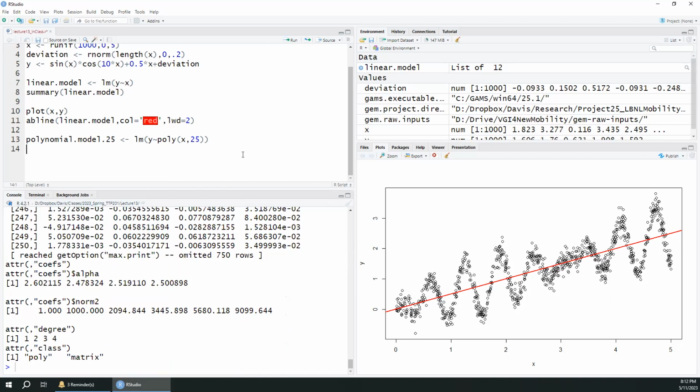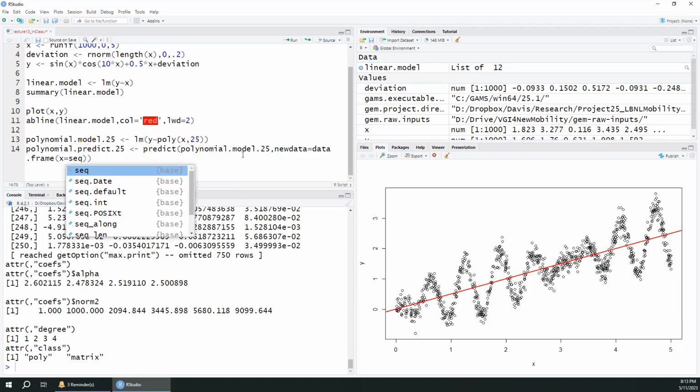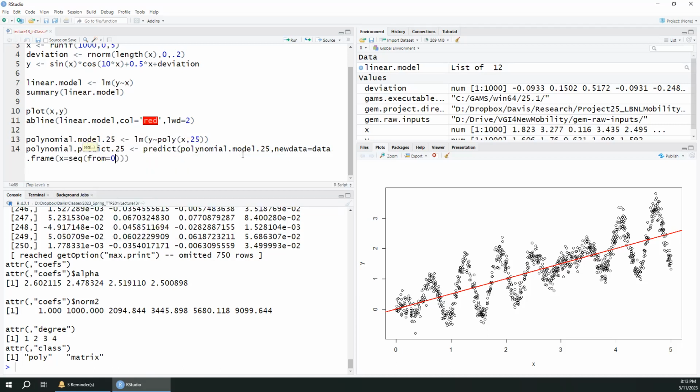Okay. So if we take this and I create a prediction in order to plot it, I will predict over a range of x's across the range that we see in the plot.